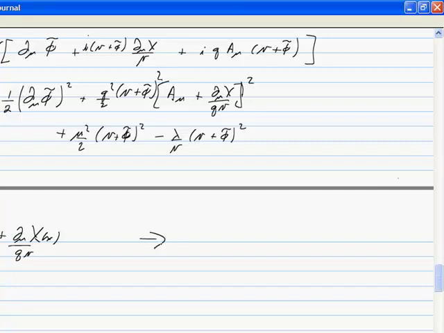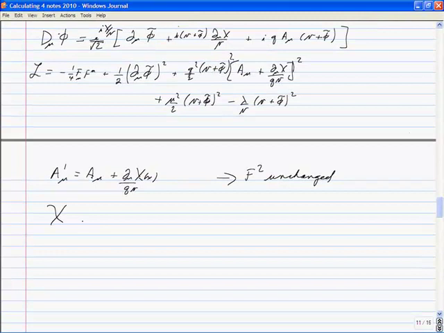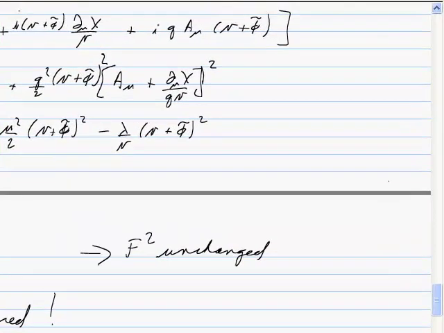F squared is unchanged. The point that gets the exclamation point now is chi has disappeared. Okay. There ain't no more chi in the whole Lagrangian. There's nothing out here. F's unchanged. This is the photon field.